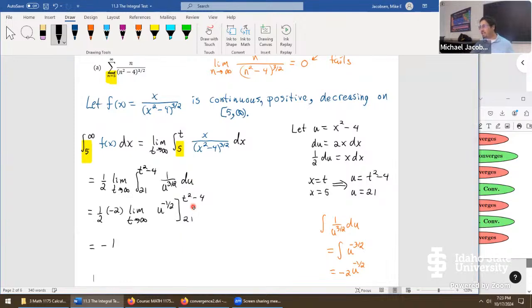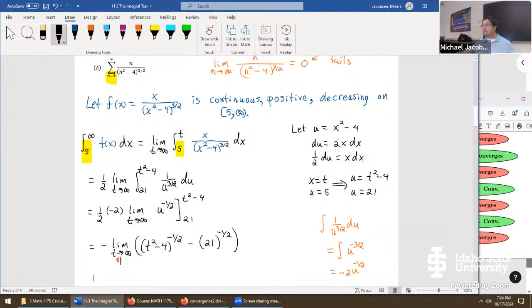So we're now dealing with the negative of the limit as t goes off to infinity of, well, when we put in the value here, u to the negative 1/2, well, maybe we'll do that in the next step. Eventually, it's going to go into the denominator with the square root, but no harm in showing that additional step. So let me write it out this way: t squared minus 4 to the power negative 1/2, minus 21 to the power negative 1/2.